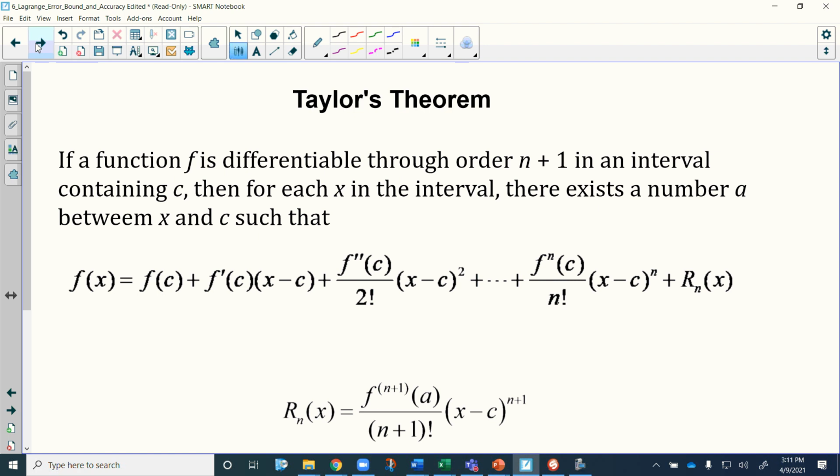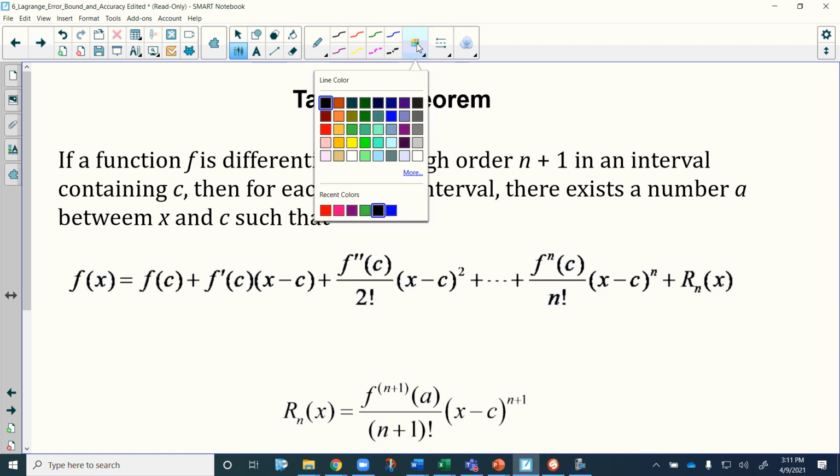This is what Taylor's theorem is. Essentially, what we're given at the top, or I guess in the middle of the screen right now, the top expression, is just the general form of the Taylor polynomial.